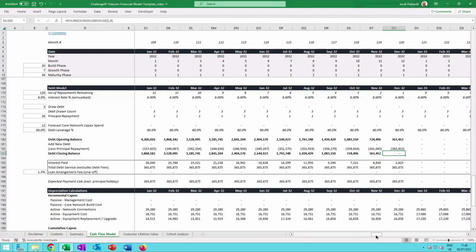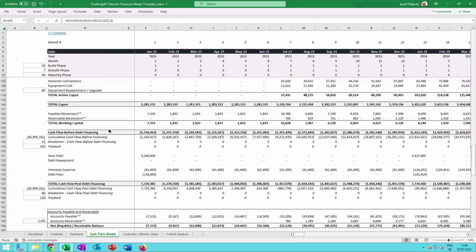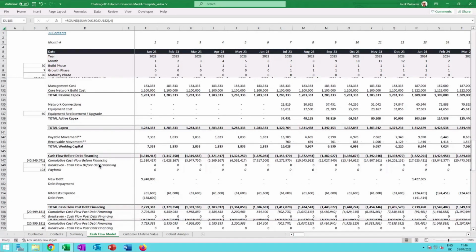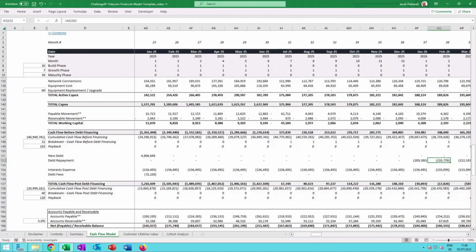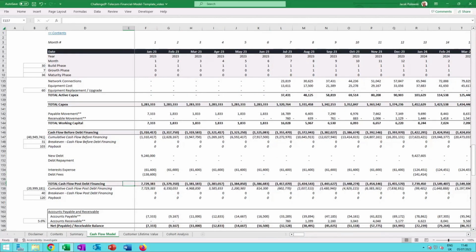And then with that, I can now go back to my cash flow model, and you see that here I simply connect the output of my debt model in my new debt, the debt repayment figures, which will happen here later, and then also the interest expenses and debt fees. And this allows me to calculate my cash flow post debt financing.